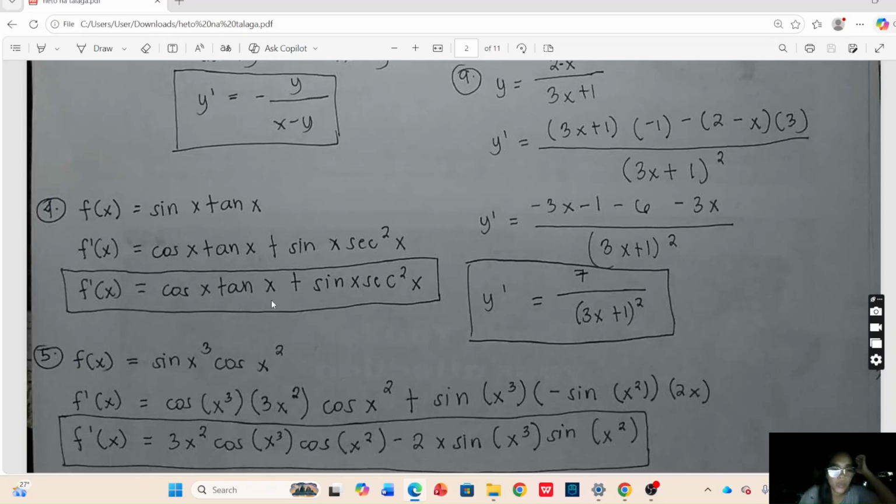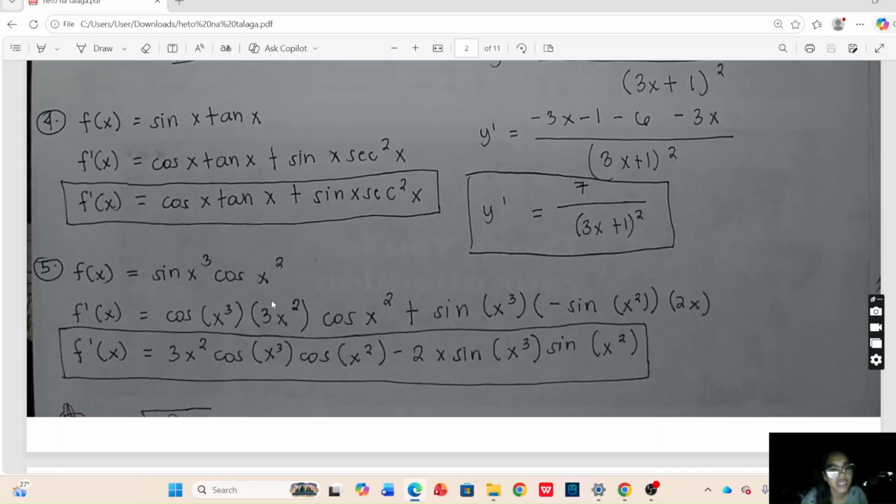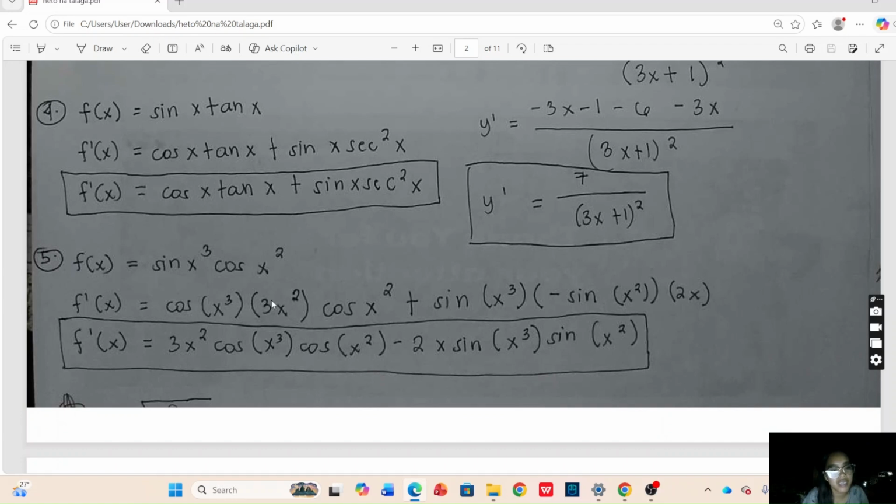So we have number 5. f of x is equal to sine x cubed times cosine x squared. Again, this is the product rule, the same as problem number 4. We differentiate sine of x cubed using the chain rule, so the derivative becomes cosine of x cubed multiplied by 3x squared.